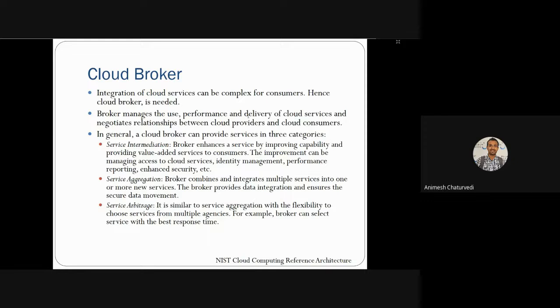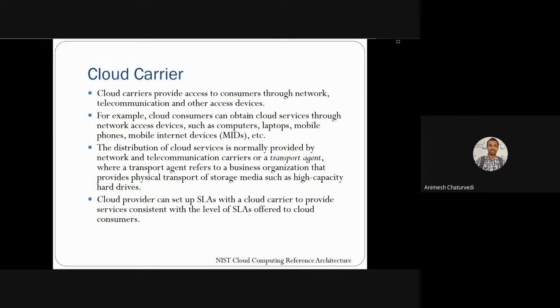integrate services. Then cloud carriers, these are simple, like Vodafone, Airtel, or Jio. So these are cloud carriers and they provide access to the consumer through the network. Telecommunication companies are there. Other access device providers are there, like Juniper and Cisco. So these are cloud carrier companies.